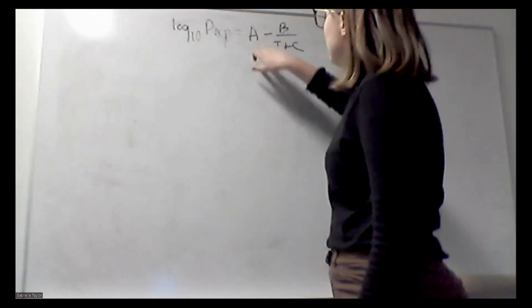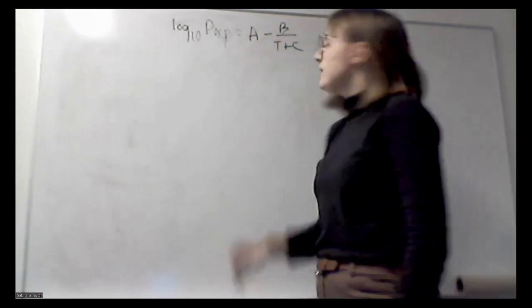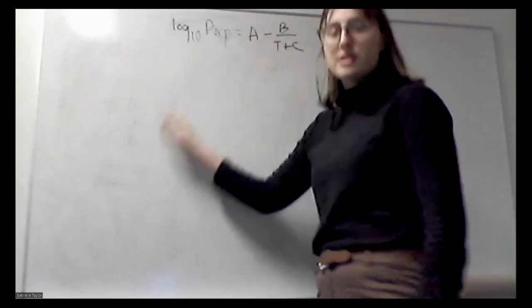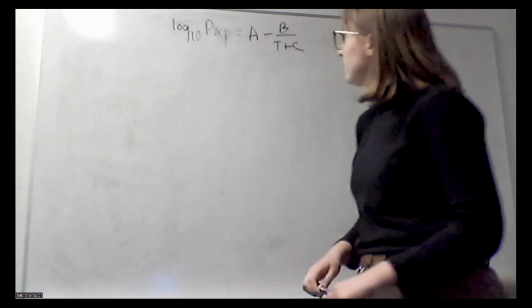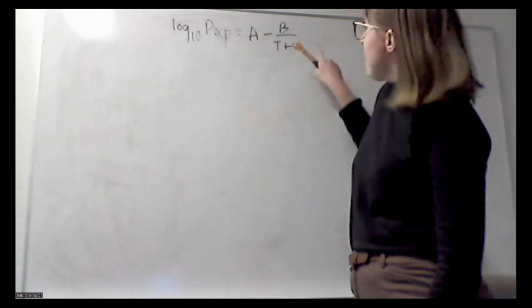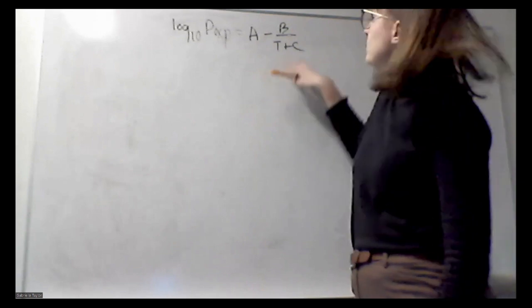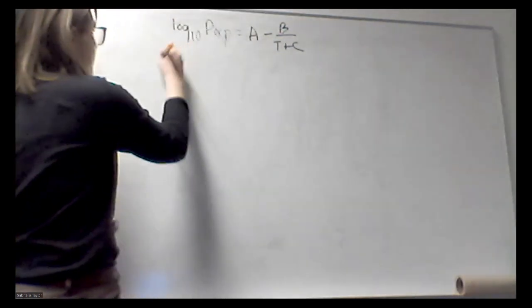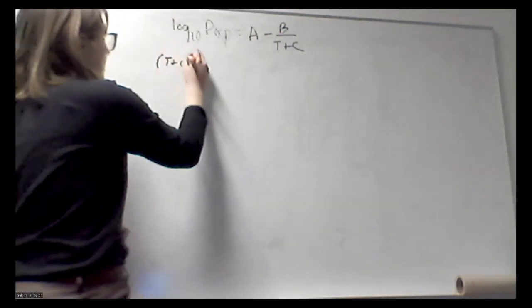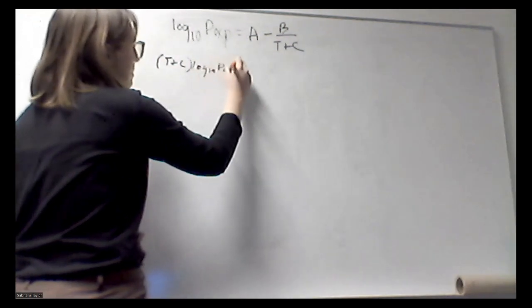So we want A, B, and C all by themselves. This is going to be really hard if we have anything on the denominator. So let's multiply everything by this so we can get it out of the denominator. So on this side, this is going to be T plus C times log base 10 of p_sat.